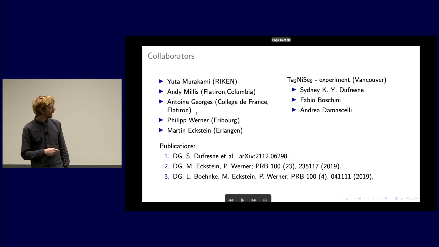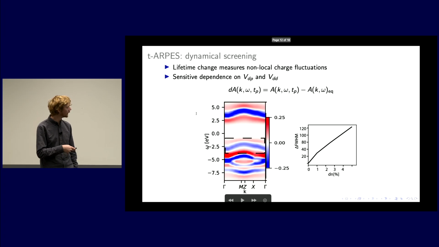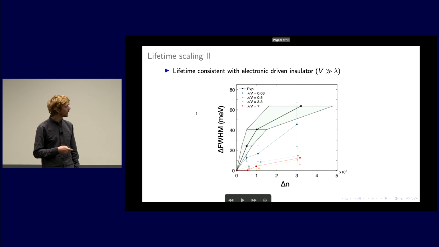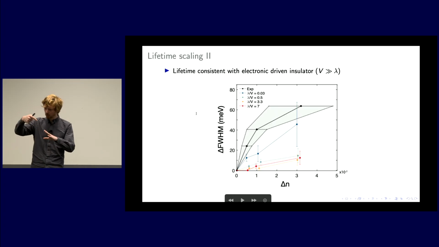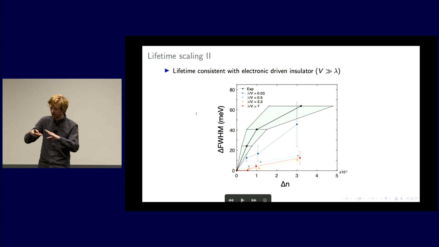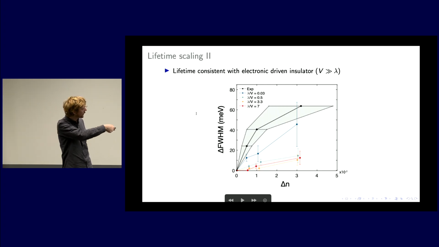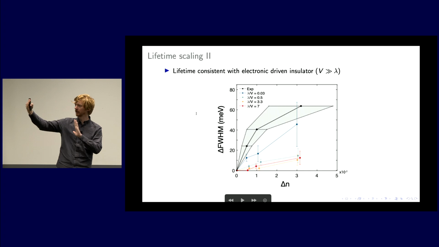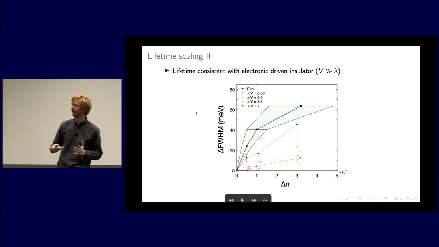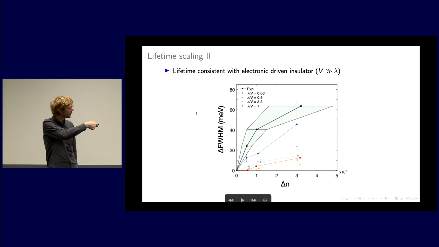Maybe I haven't emphasized this strongly enough, but the idea is really to go to excitations as weak as possible, to address a situation very close to equilibrium. The important thing is the scaling, this slope, not really focusing on the strong excitation. And for this, of course, you need very nice experiments.